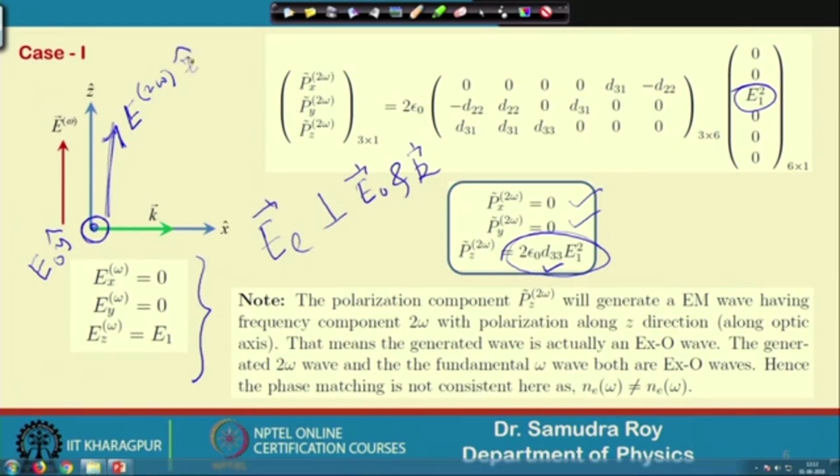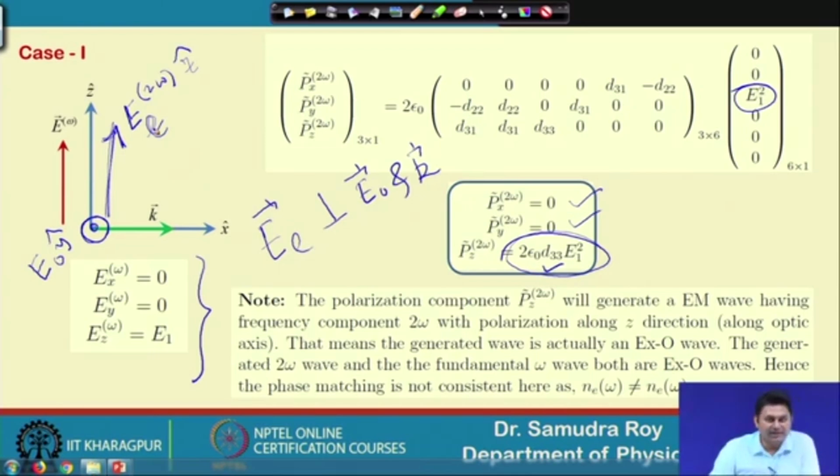That means E2 omega, which is along the z direction and is our second harmonic field generated by Pz at 2 omega, the z component of the polarization, is eventually an extraordinary wave. So I should put an e here. Now we can easily find that the fundamental wave is extraordinary and the second harmonic that is generated is also an extraordinary wave.